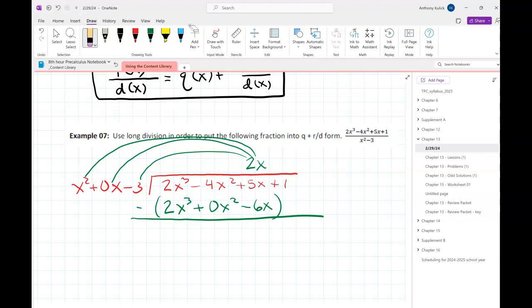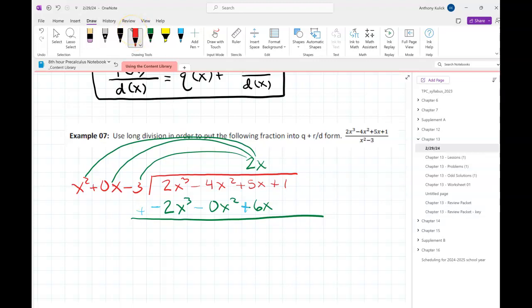So that's what I'm going to do here. So I distribute the negative. That becomes negative 2x. That becomes negative 0. And that becomes positive 6x. Everybody's good?